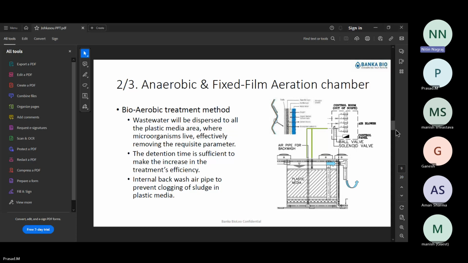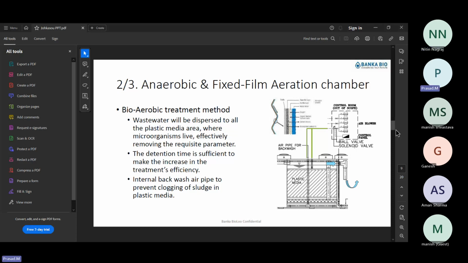But we are targeting the BOD COD in the solid separation tank as well, the anaerobic tank as well, and then it goes to the aeration tank. So naturally we reduce the BOD load in the first tank, second tank, and then third tank. That's why we require lesser power. This is the crux point of our Johkasou system.